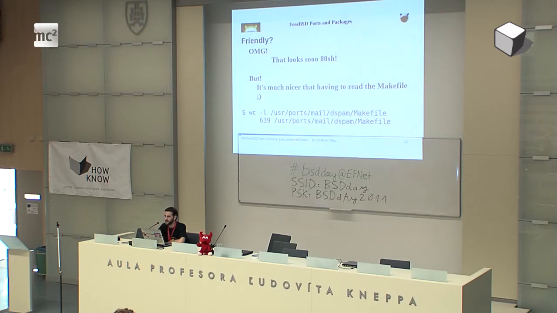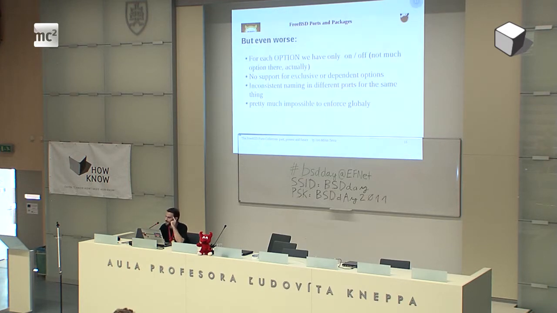The options framework tries to help you in a friendly way. You have the name of the option, and you can select it based on its description. Now, however, it has a lot of limitations. We can only turn an option on and off. We can say if this option is on, then the other one can't also be on.